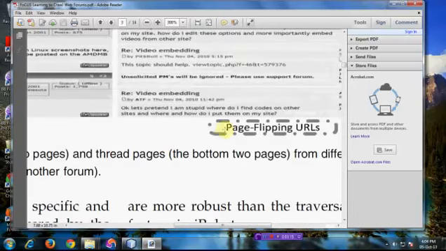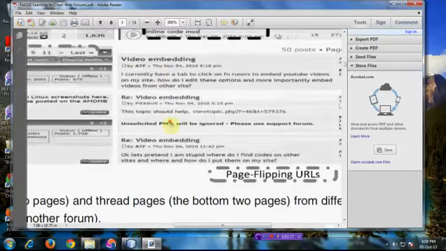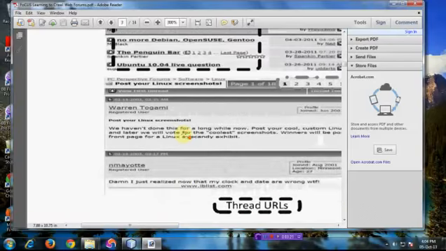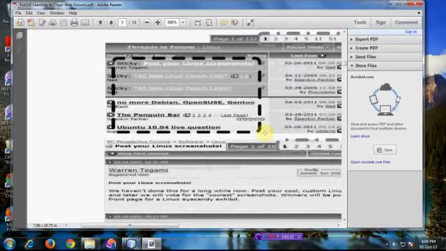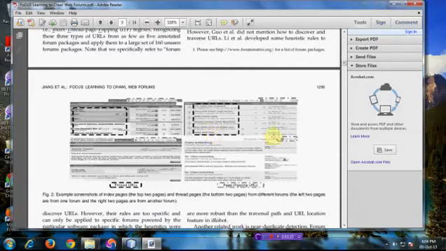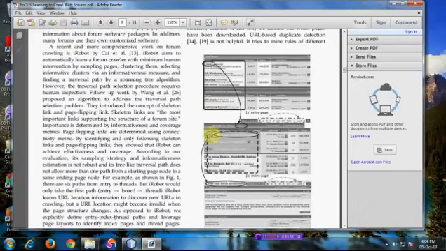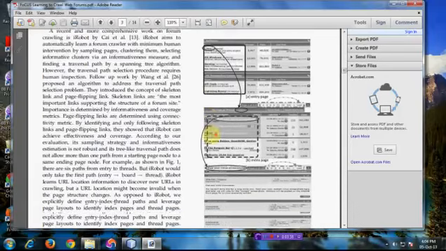The page flip URL is also here on the dotted lines. And then pagination is also at the index level. So this is the pagination at the index level. This is our screenshot showing how to recognize the URL pattern. This is our application to display the URL.